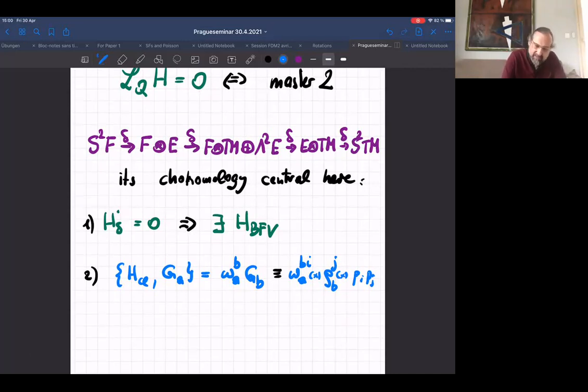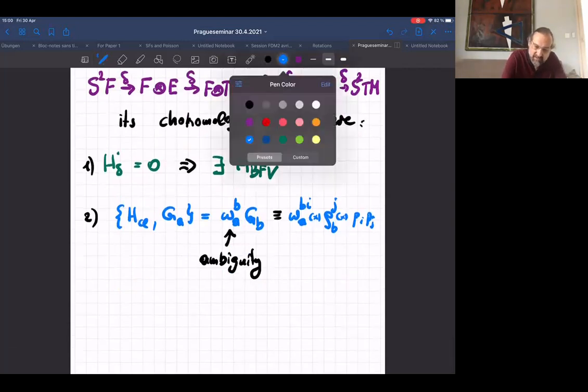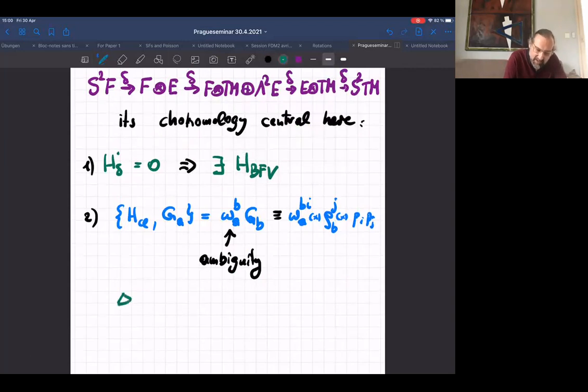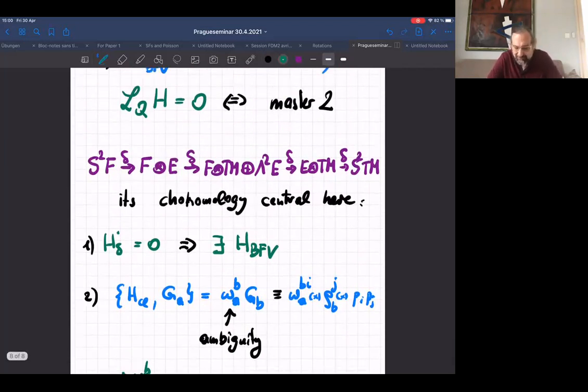So if you have the ambiguity in the choice of this omega AB, let's call it the ambiguity delta omega AB. So if I have one choice, then I can take a second choice. And it turns out that this delta omega AB is always a tensor.